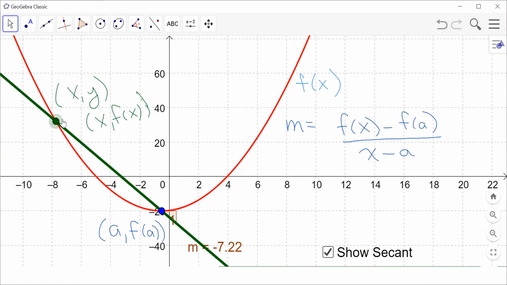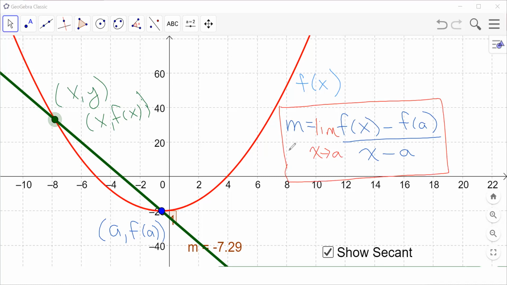Another way to say we're approaching another point is we're saying the limit. So here's what we have. This is the limit as x is going towards a. Just like that. This, friends, is one of our instantaneous rates of change formulas.